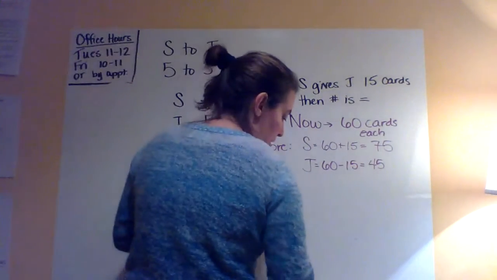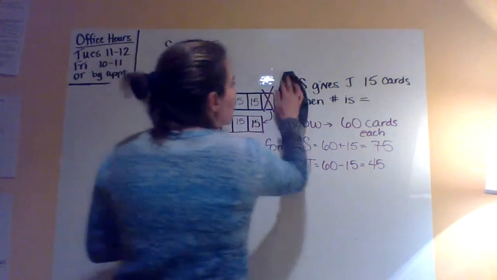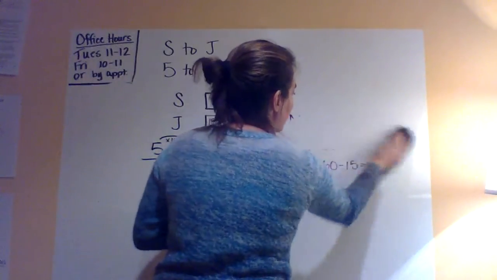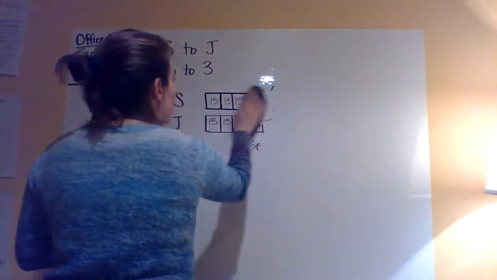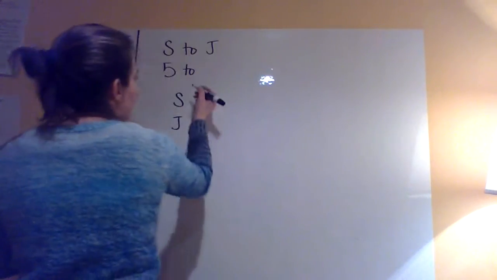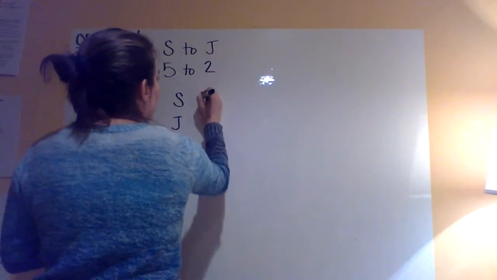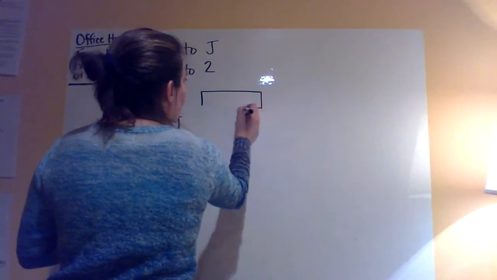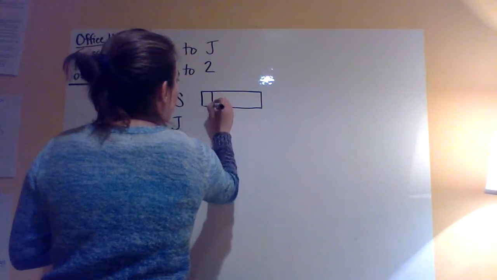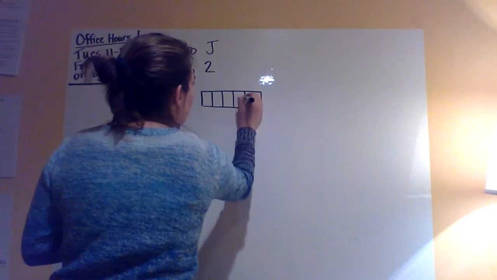Okay, let's do one more like this. So we still have Shantae and Jessica. Now their ratio is a little bit different. So their ratio is 5 to 2. So Shantae still has more cards. She still has cards that can be split into 5 equal parts.